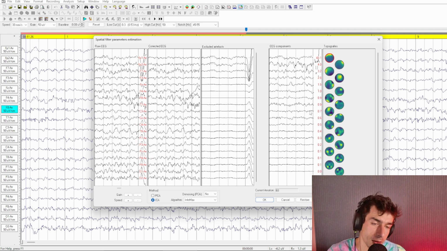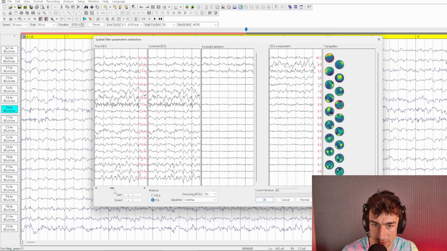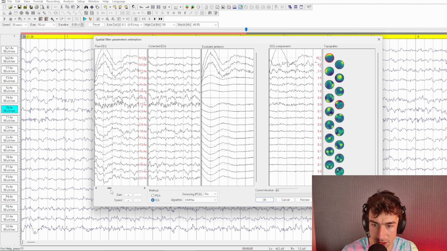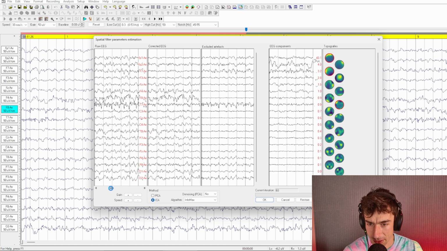Next thing we're looking for is F7, which could be this. Let's see if that helps get the EMG out of there. It does. T7 is unclear. Well, actually, no, it's not. There it is. And now we're getting close.